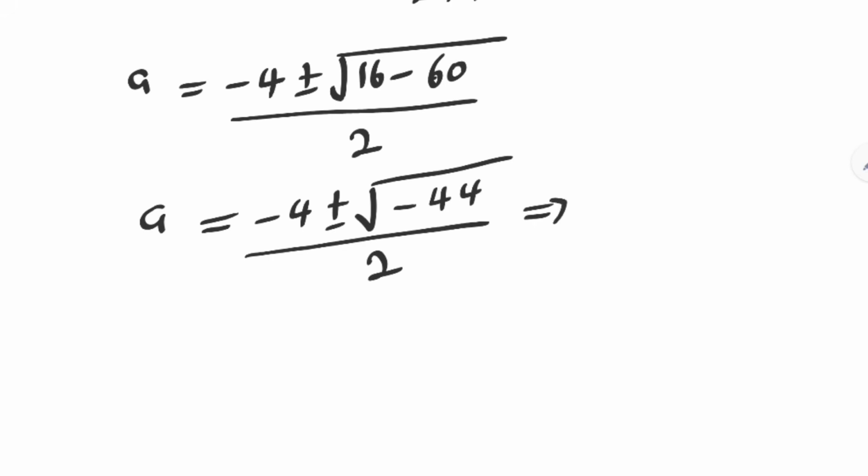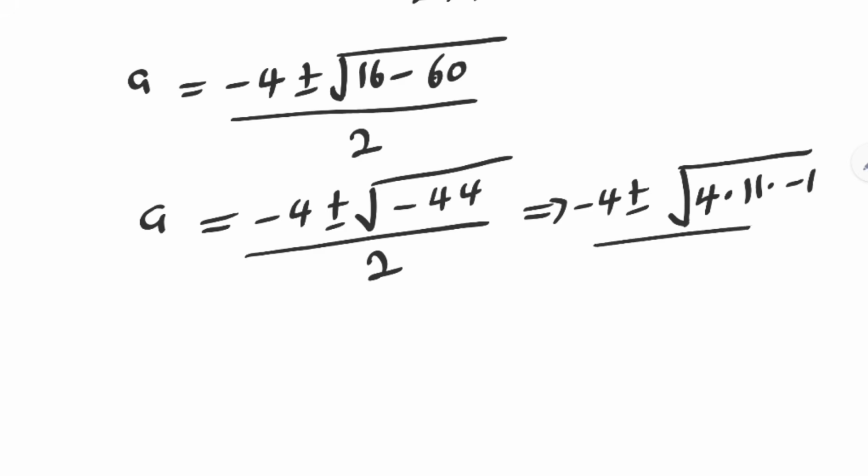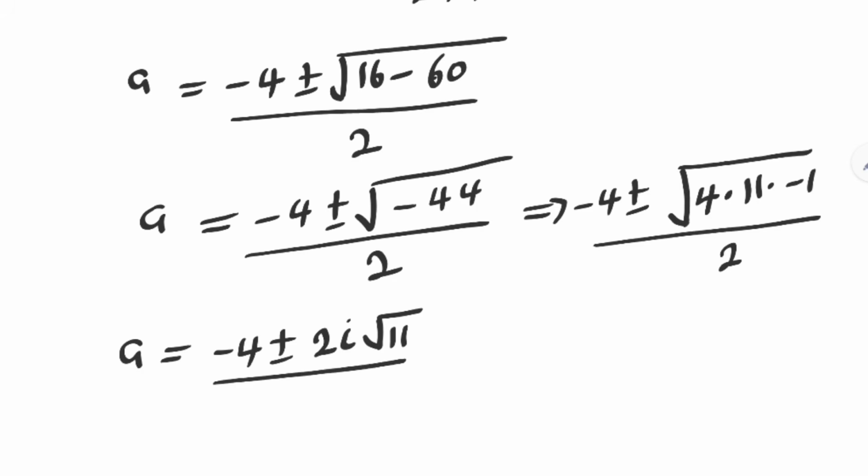This can be written as minus 4 plus or minus square root of minus 44, which can be written as square root of 4 multiplied by 11 multiplied by minus 1, over 2. A is equal to minus 4 plus or minus square root of 4 is 2, square root of minus 1 is i, then root 11 over 2.